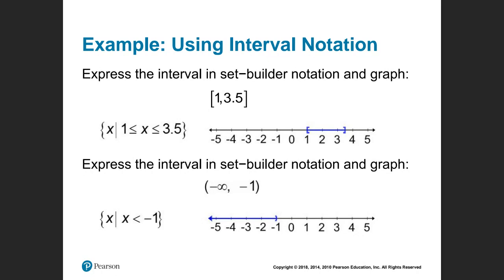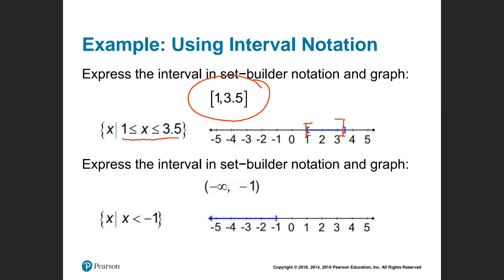So we can write down the set of all real numbers x such that 1 is less than or equal to x, x less than or equal to 3.5. Okay, just look at 1. This is a bracket, this is 1 and we use a bracket. 3.5, just put 3.5 and a bracket because this is closed.